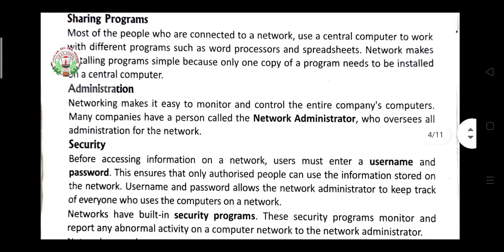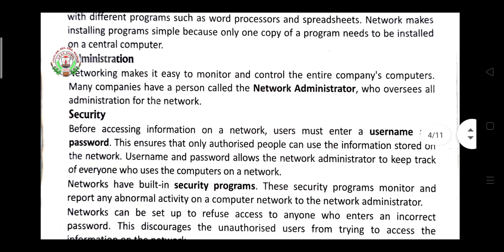Administration. Networking makes it easier to monitor and control the entire company's computers. Many companies have a person called a network admin who oversees all the administration of the network. If you are making a network, you have one monitor also, so that the administrator can control and monitor your entire company's computers.